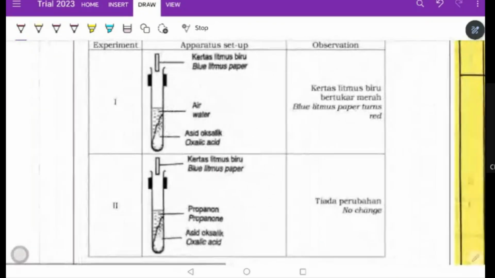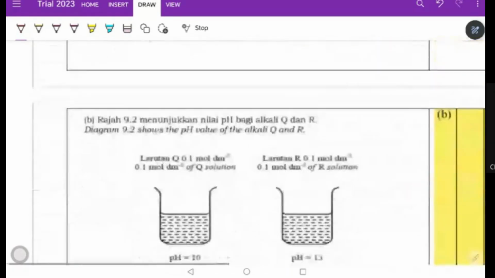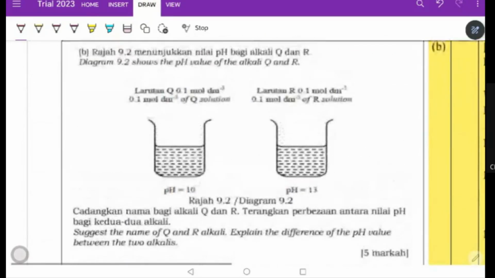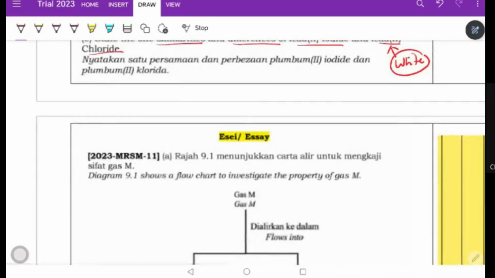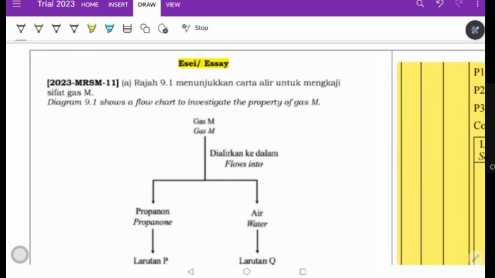Okay, next. This one is a structure. Okay, we try one essay. This MRSM, which page is this? Anyone can tell us? Page 93. Yeah.